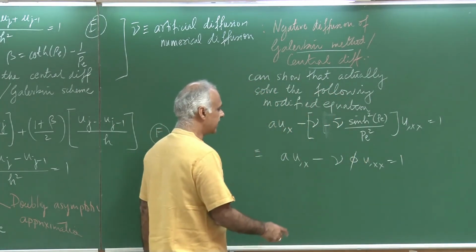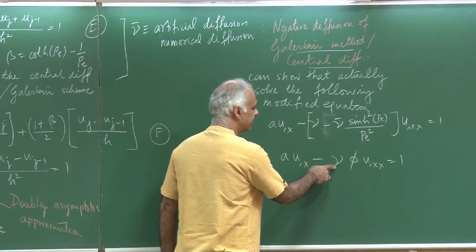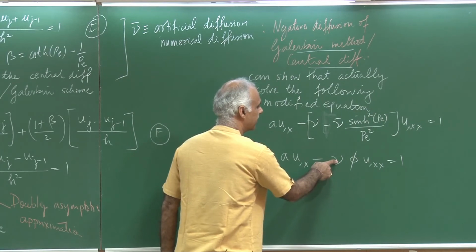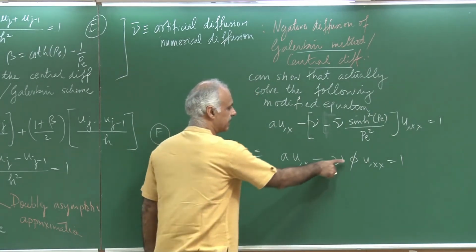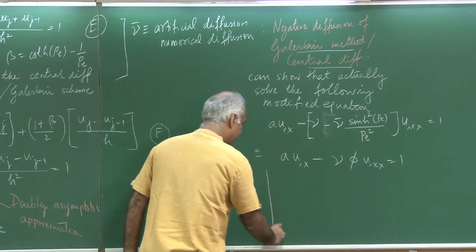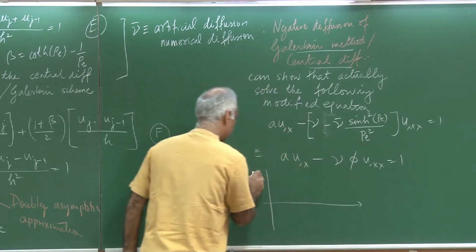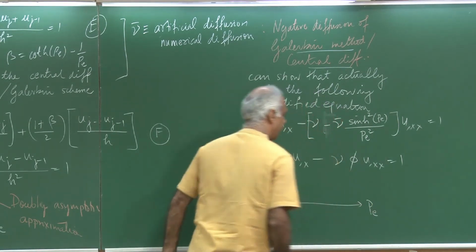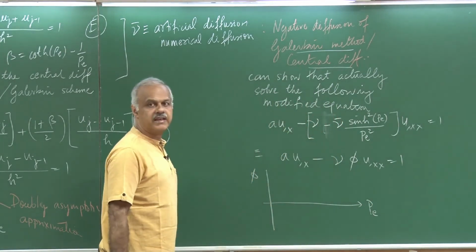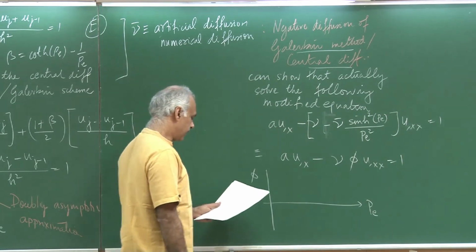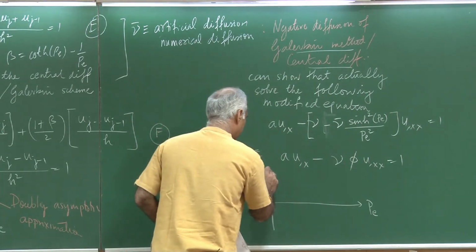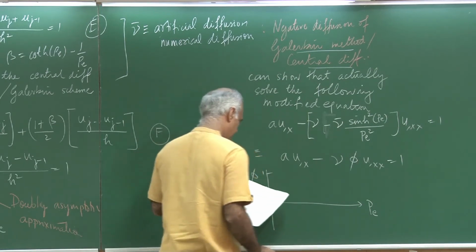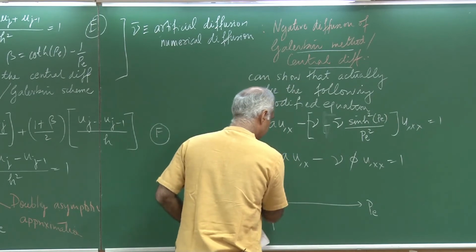One can show that because we are discretizing, it effectively multiplies this molecular viscosity by this factor phi, and one can plot the factor phi. So this is phi, and I can plot it with the Peclet number and see where it goes negative. If this value is 1, this is 0.5, this is 0, then the curve looks something like this.